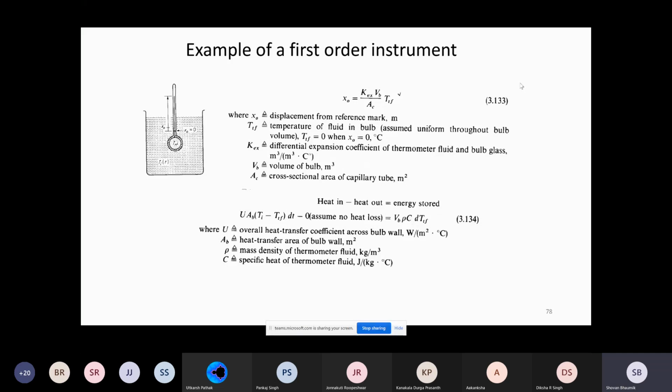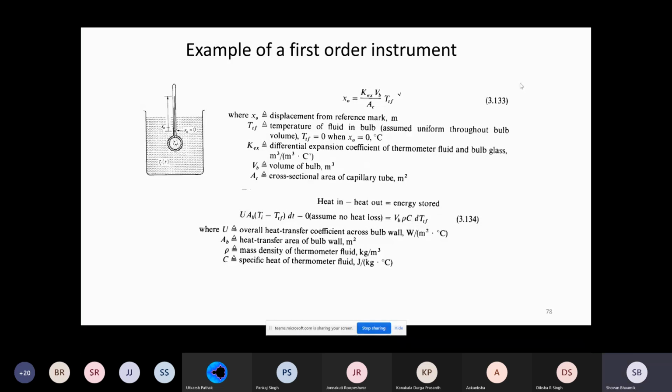Once the thermometer is immersed in the liquid, the capillary rises and the displacement is x0. When the thermometer is not inside the liquid, x0 equals 0 at 0 degrees centigrade, and when immersed in the liquid, the small x0 is the displacement from the reference mark.